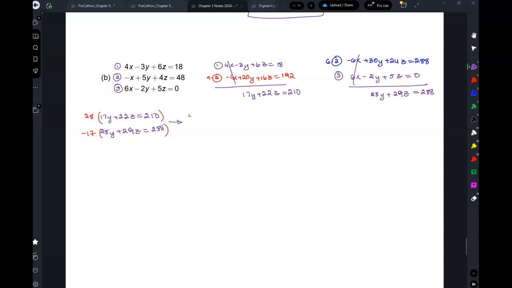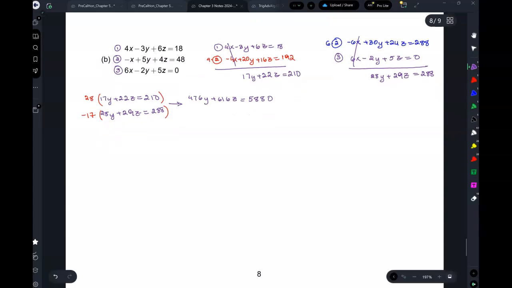So it'll be 476y plus 616z equal to 5,880. There's more numbers to go around there than needed.